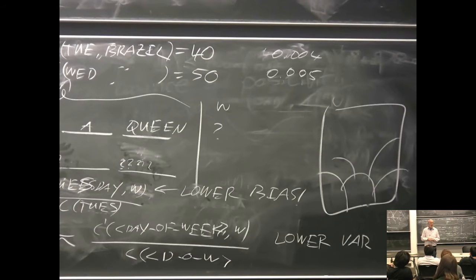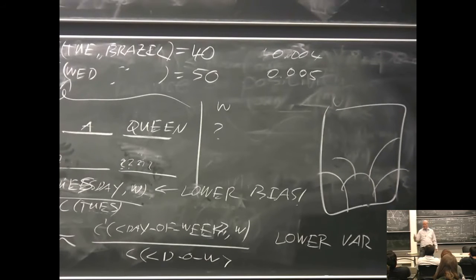When you try to cluster words based on their co-occurrences in the data, and you try to assess how well you did by your linguistic intuition, by looking at the result and saying, does it make sense? Oh yeah, it put Tuesday and Wednesday together. It also added another word that has nothing to do with it. I don't know why, but it did. I will show you examples of that.